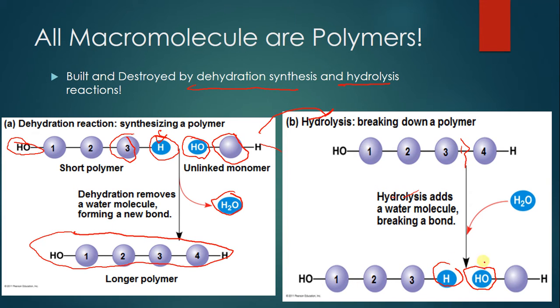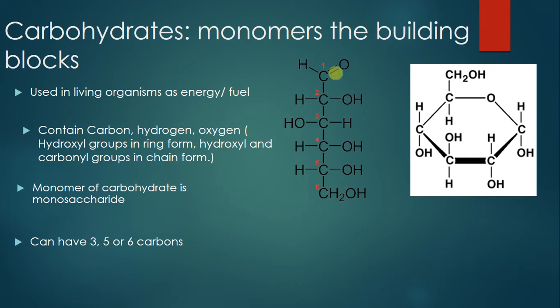So now you have two smaller polymers, and this is how we build and destroy all four of those classes of macromolecules. So it's kind of a big portion. Number one of today is seeing how these four types of molecules all utilize the same process to build and destroy bigger polymers. So the first one we're going to talk about is carbohydrates right here.